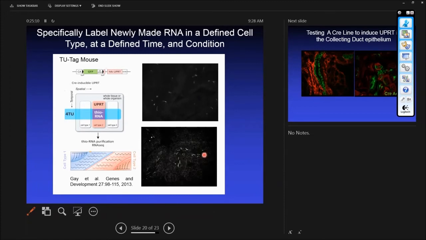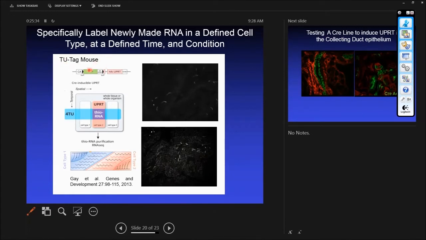Now the issue is that it's difficult to get these specific cells relative to the many other cells that are in the interstitium between the tubules, such as fibroblasts and macrophages and other cells that are there. And so what we've started to use is this mouse that's called the TU tag mouse.